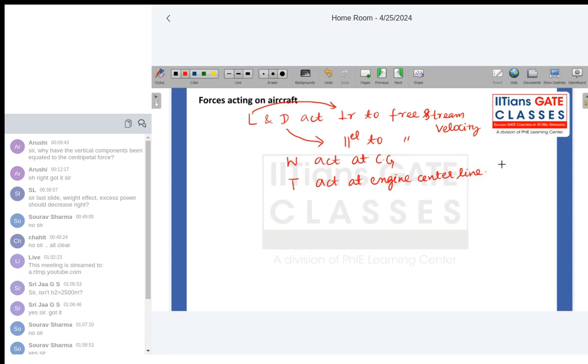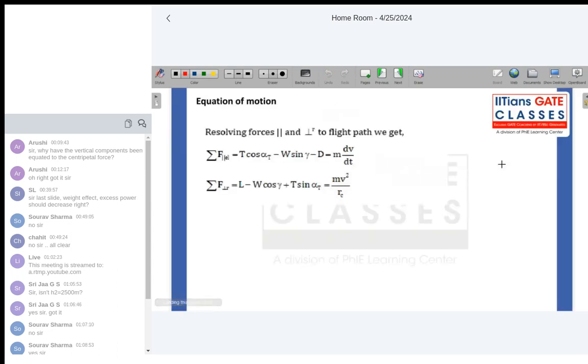Now we'll resolve these forces parallel and perpendicular to the free stream velocity direction, according to Newton's second law of motion.